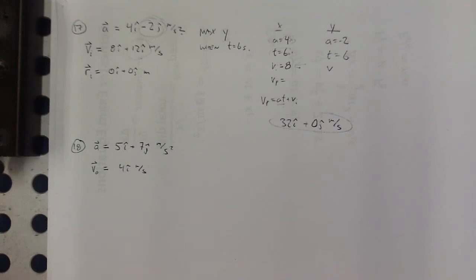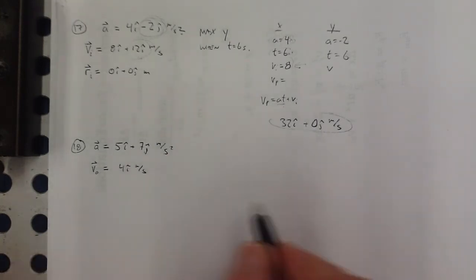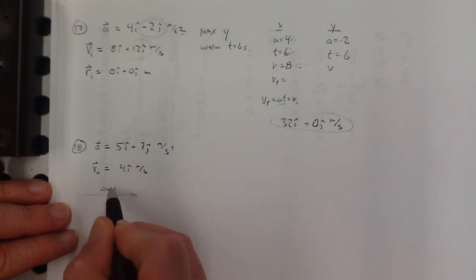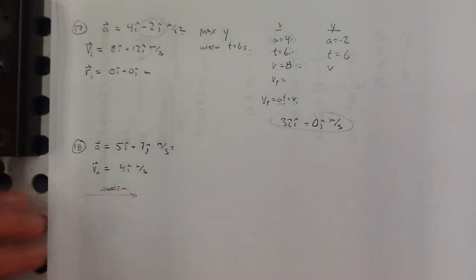What are the magnitude and angle of its velocity when it has been displaced by 12 meters parallel to the x-axis? So that's just like a delta x of 12 meters. Not talking about the delta y, just the delta x.